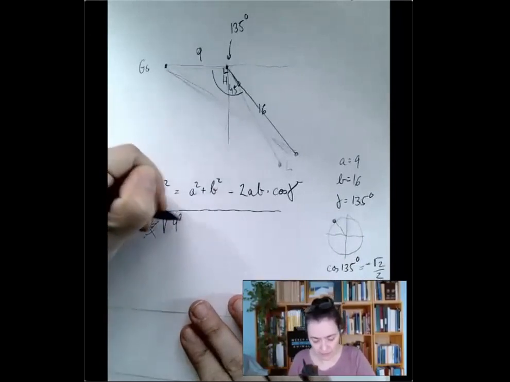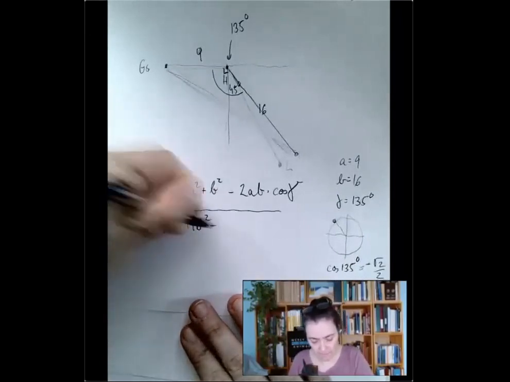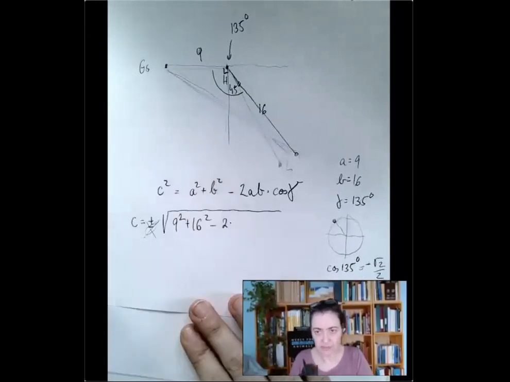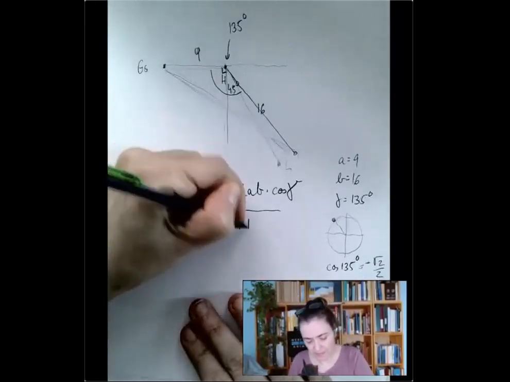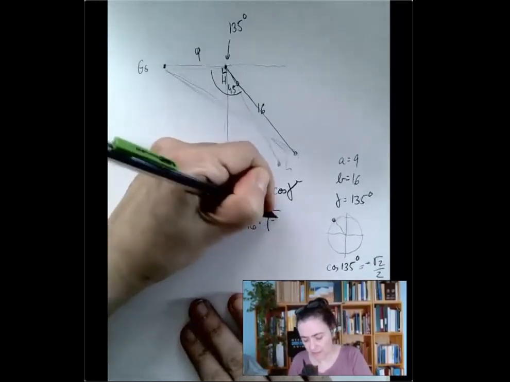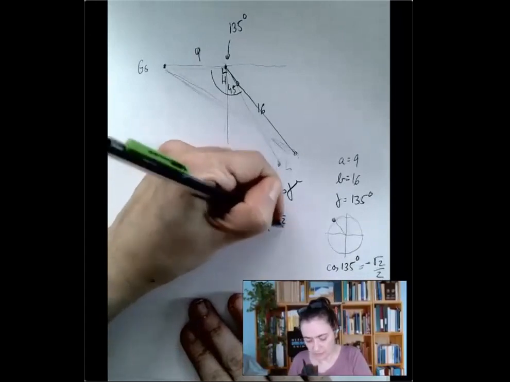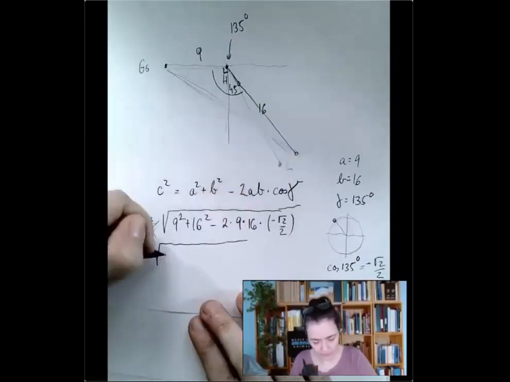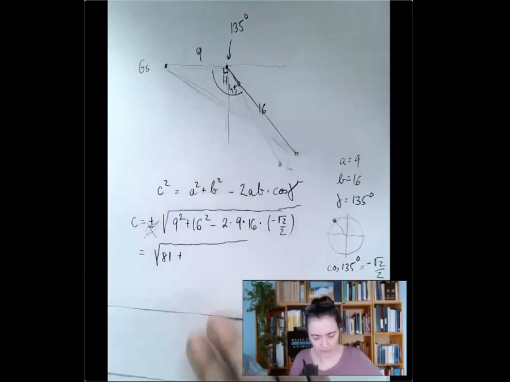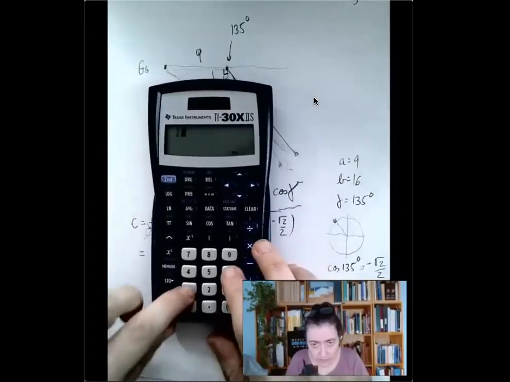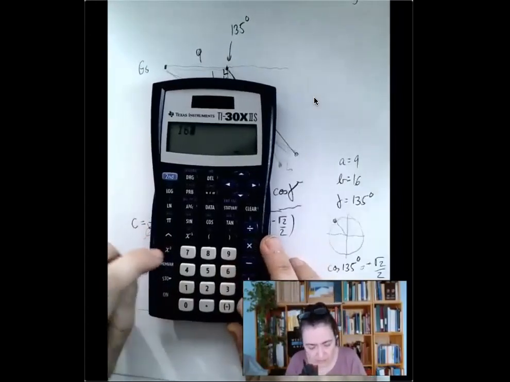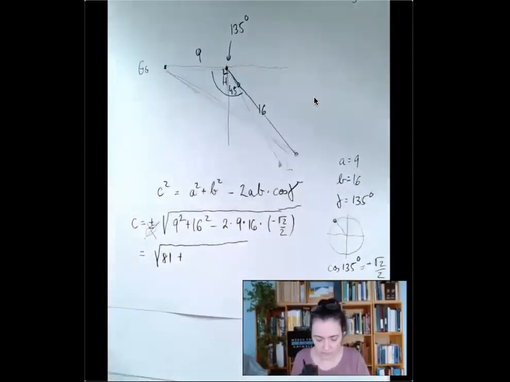So we have 9 squared plus 16 squared minus 2 times 9 times 16 times negative square root of 2 over 2. So that's 81 plus, I think it's 256, 16 squared. Okay.